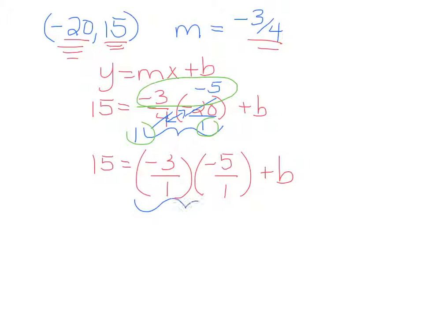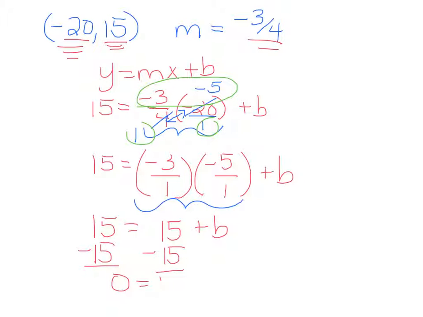So again, this is negative 3 times negative 5, which is going to give me a positive 15. Now we're going to subtract 15 from both sides. Notice here that we get 0 equals b. That's okay. We can have b as 0.